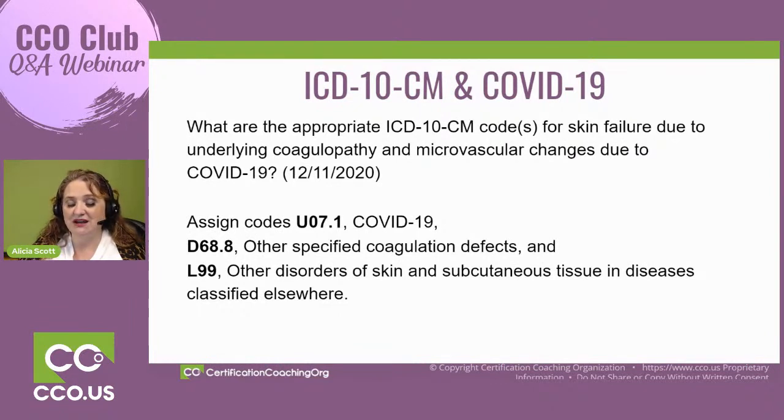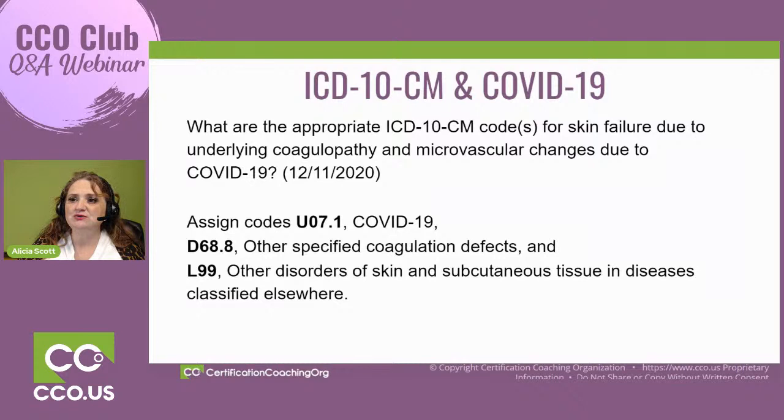This is new. There's not a code for that. However, if they don't have COVID anymore and it's a late effect, what are we going to do? We're going to drop the U07.1, and then we'll have the D68.8, the L99, and then the history of COVID code that the provider is linking.